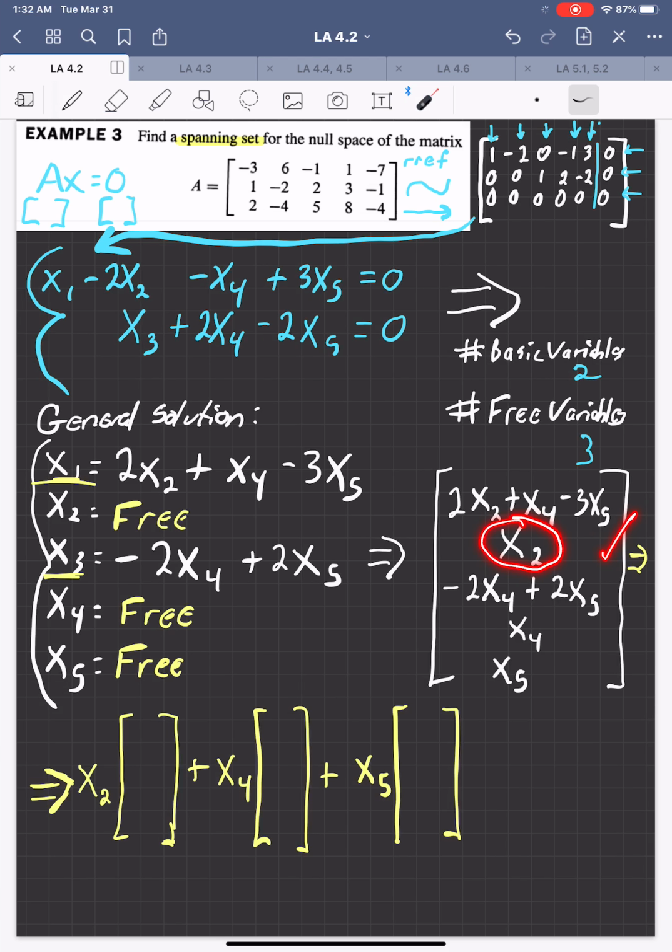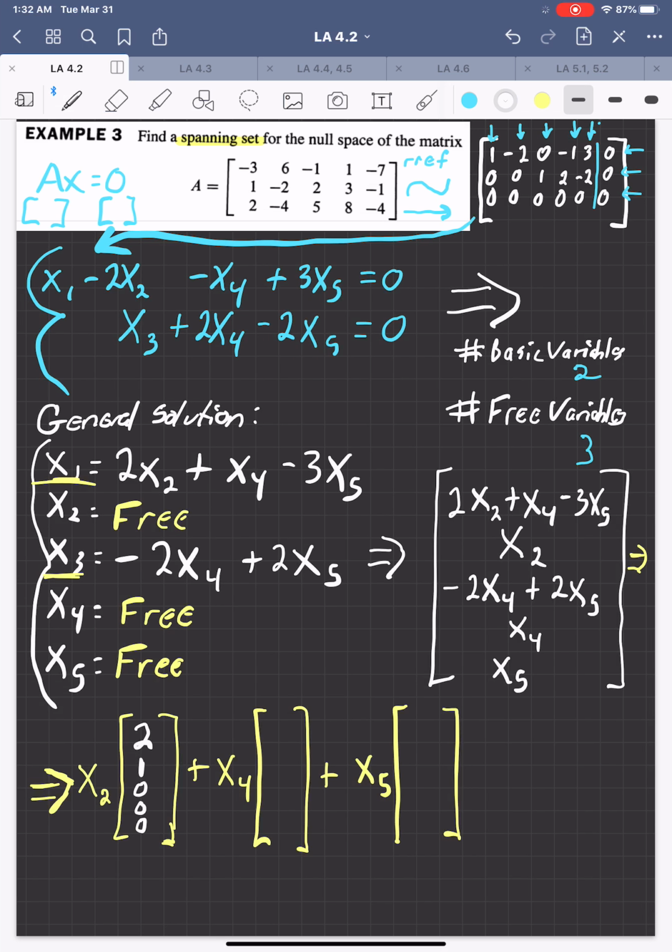Yes, there is. In row 3, is there an x sub 2? No. In row 4, no x sub 2. In row 5, no x sub 2. So when I set up this vector here, we should start off with 2, because there's 2 x sub 2's in the first row. Then 1, there's 1 x sub 2 in the second row. And then 0, 0, 0. There's no more x sub 2's.